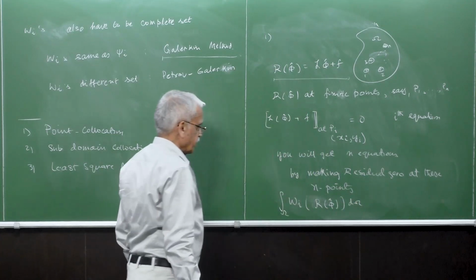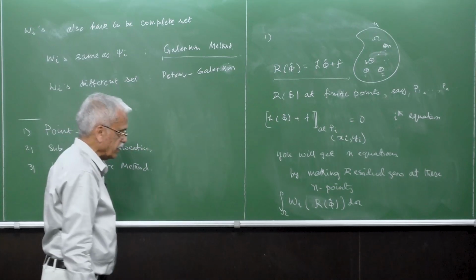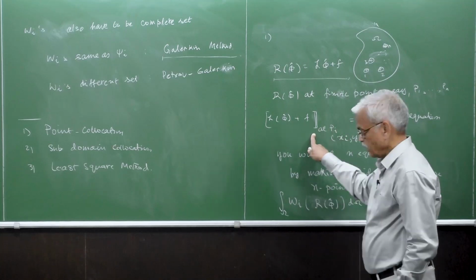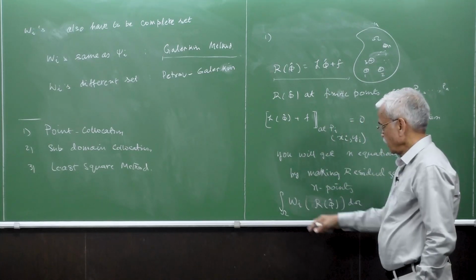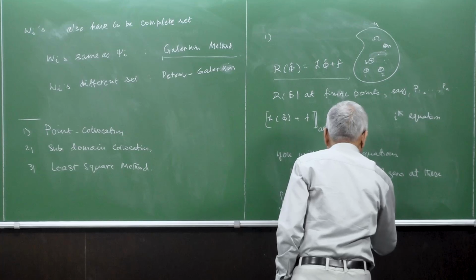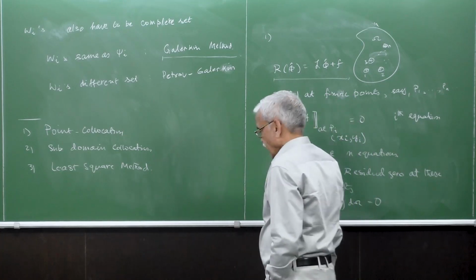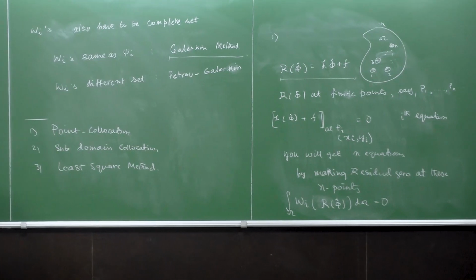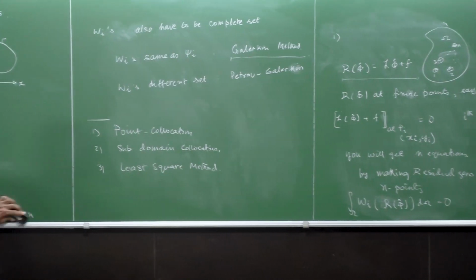If this is the weighted residual statement, then how can this be equal to this statement? That is possible by choosing the Wi here as a Dirac delta function.